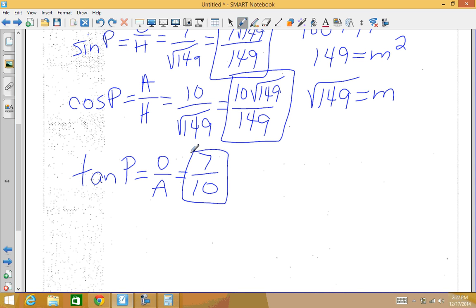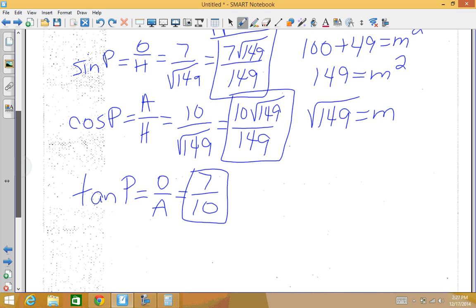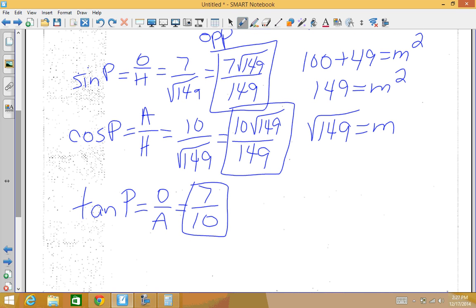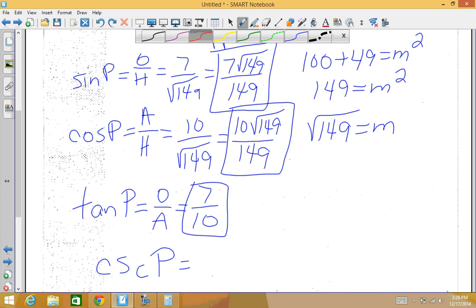Now, there's no need to do more work than you have to. So, the reciprocal of sine is cosecant. So the cosecant of P is simply going to be the flip of sine. Now, if we go back up here, let me change colors for this. We have two fractions we could flip.